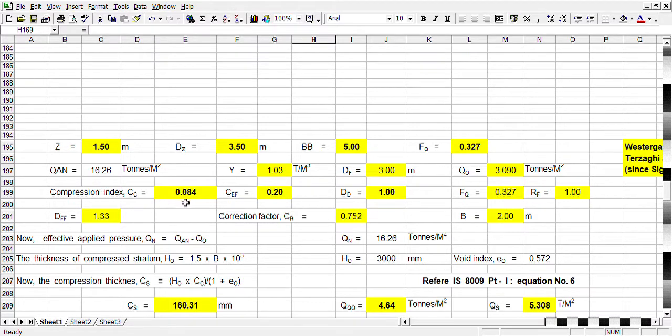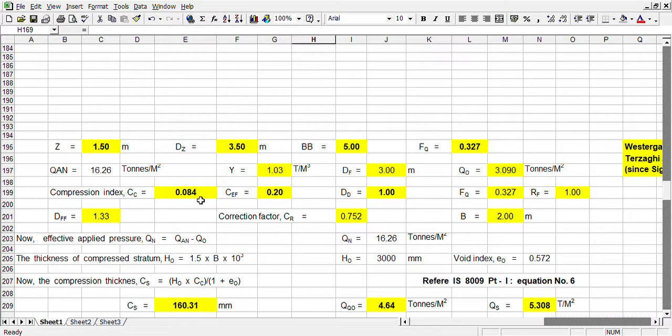But I do not think the compression index determination from liquid limit gives an accurate value, since the compression index is a property based on voids only, void ratio only.